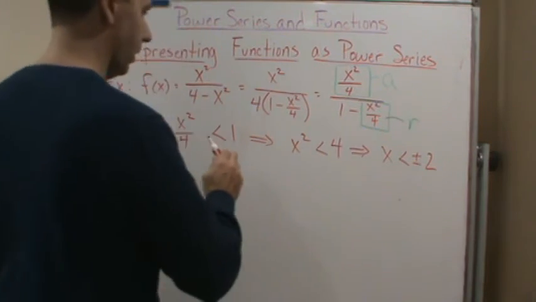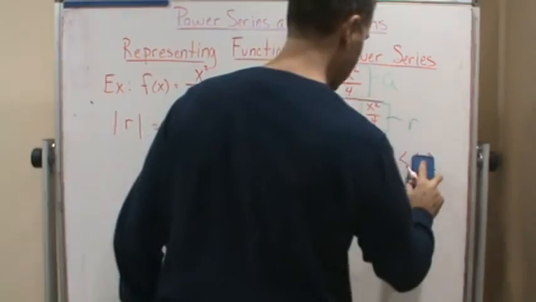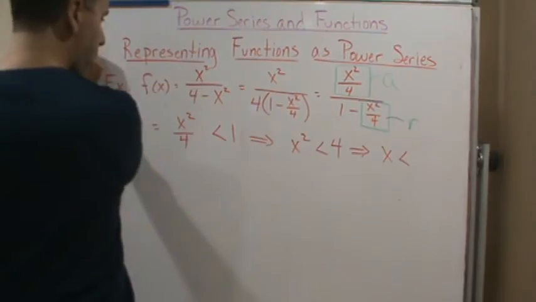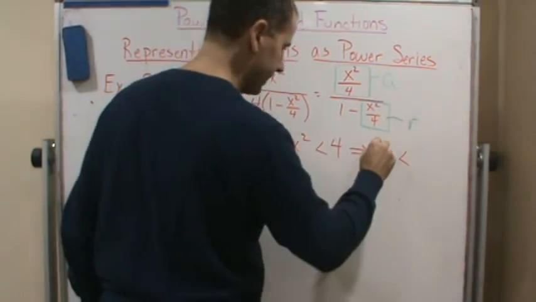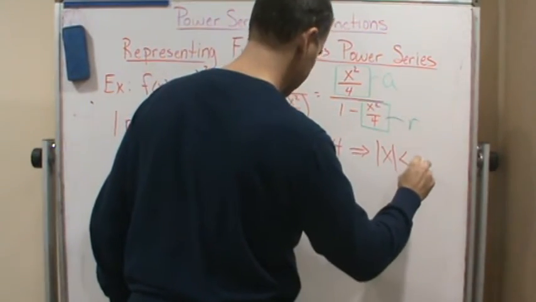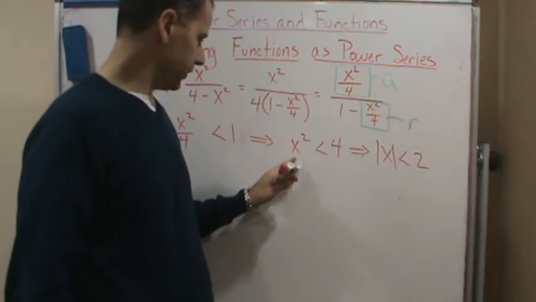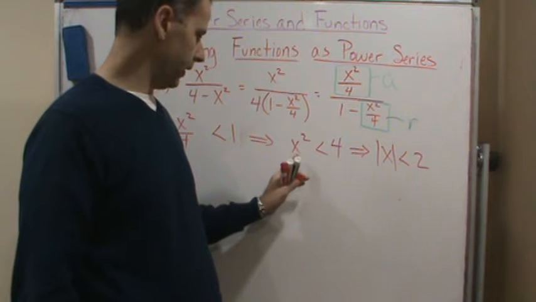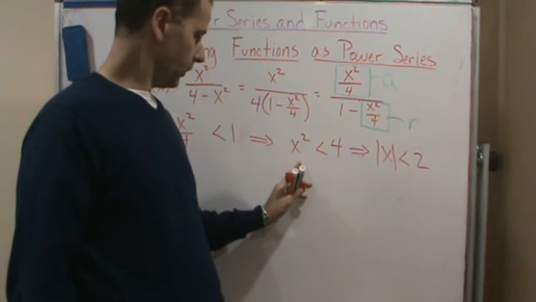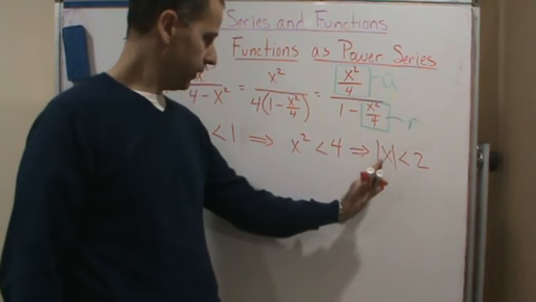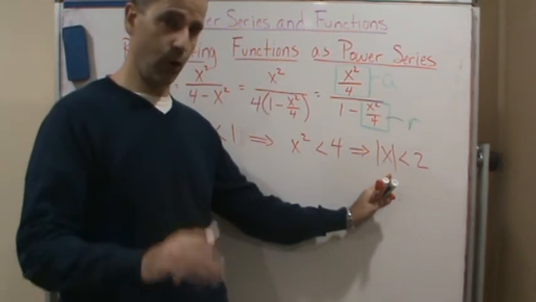More appropriately, the absolute value of x is going to be less than 2. Remember the property: if you take the square root of a square, it depends on if it's an even root, you want the absolute value sign. So don't forget that.